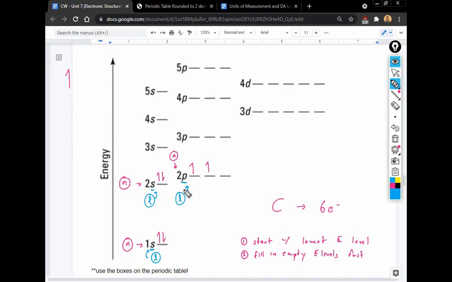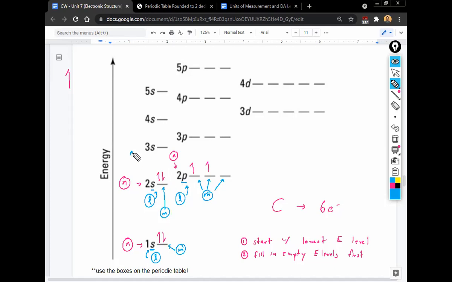Inside every subshell, there's a different set of lines. In the 2p subshell, there are 3 lines. In the 2s and 1s, there's 1 line. These lines tell us the m value. Do you notice how one of the arrows is pointing up and one is pointing down?